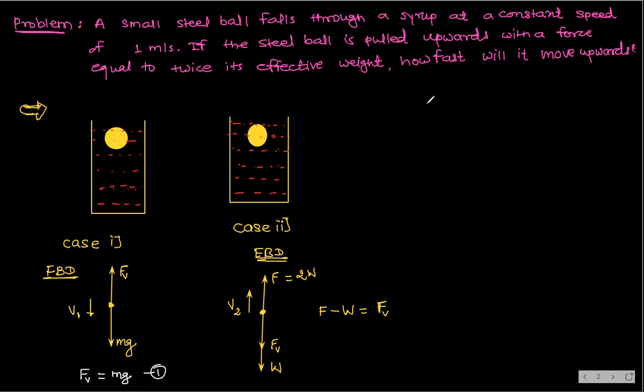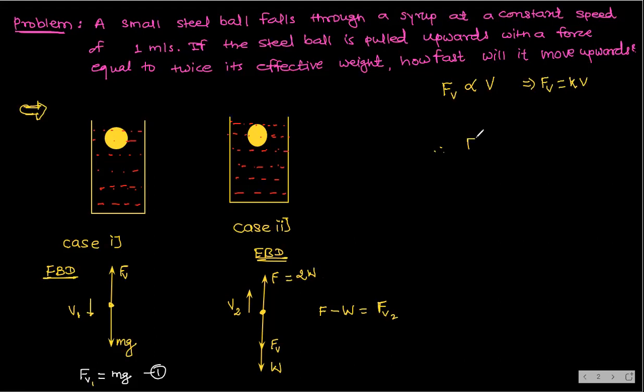Now we know viscous force is directly proportional to velocity. If all remaining things are kept constant, can I write Fv is equal to K into V? So this is Fv2 and this is Fv1.